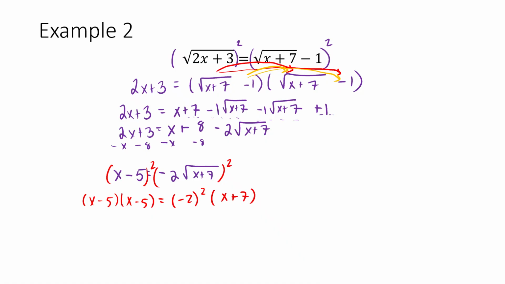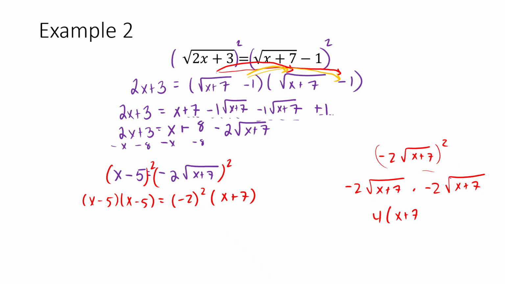Okay, so if you need to see what I did there, I essentially did this: -2 square root x plus 7 times -2 square root x plus 7. -2 times -2 is going to give me the +4, and then the square root times itself is going to give me what's inside. Okay, so pause the video and you can just kind of inspect that scratch work.